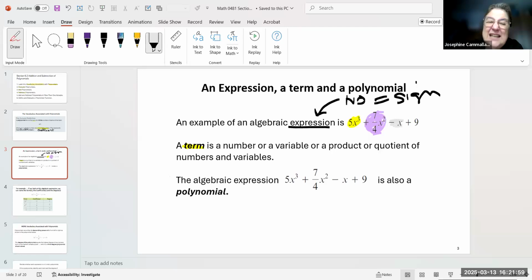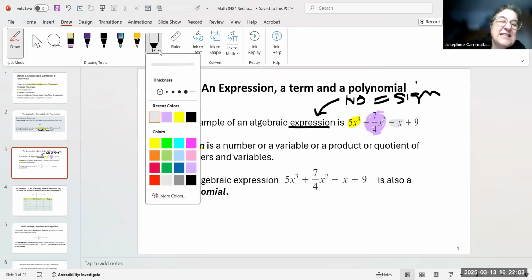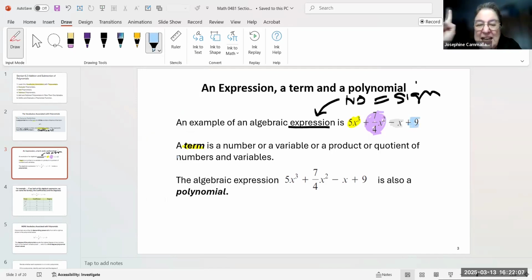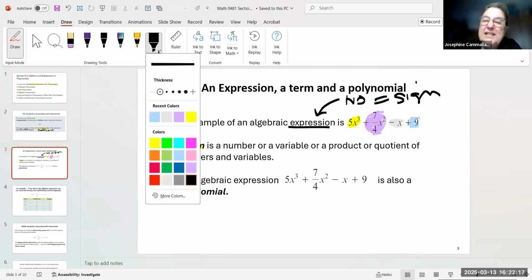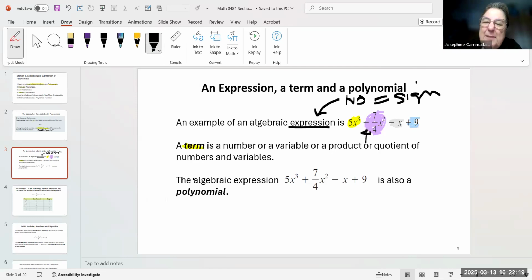Negative x is a term. And this positive 9 is a term. And you'll notice that I have plus and minus signs that separate.